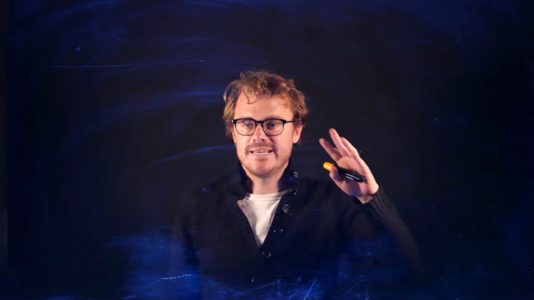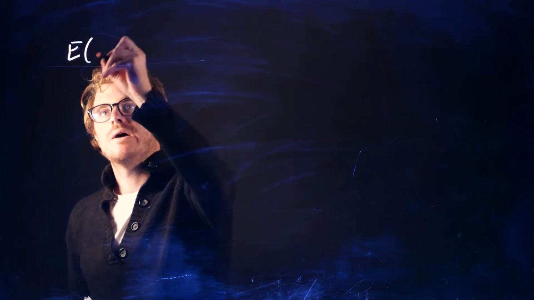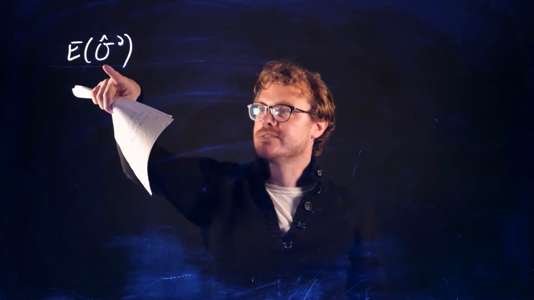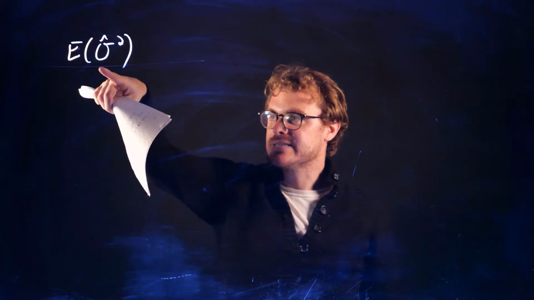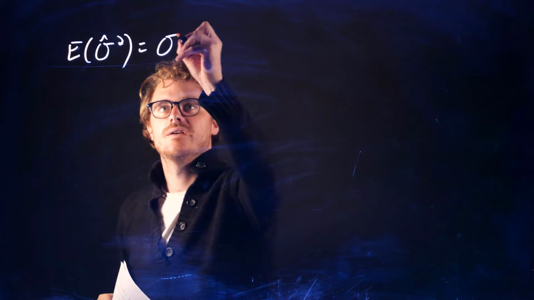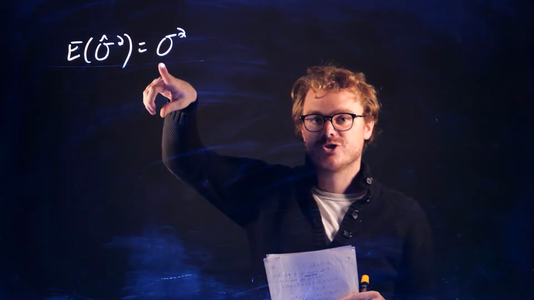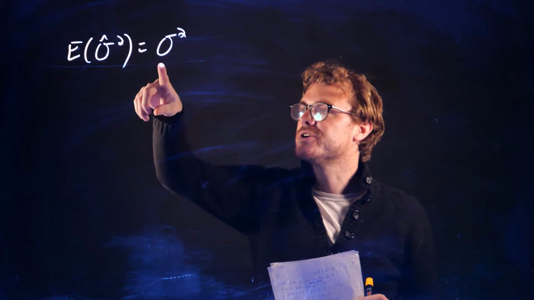So just continuing on with our discussion of standard error, what I was saying was our sigma hat squared, in expectation, is going to be the true sigma squared, this true variance of our error term.